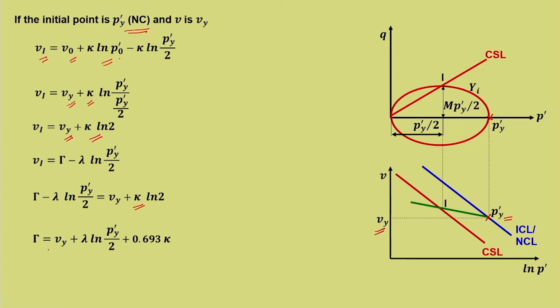The same procedure as for LOC, we are doing it, only the starting point is different. So, gamma we will get Vy plus lambda ln P dash y by 2 plus 0.693 kappa, substituting it for ln 2. Now, gamma can be predicted based on the given conditions. If we know Vy, P dash y and kappa, which are the critical state parameters, gamma can be determined. Now, once gamma is known, then the particular critical state line is also defined.